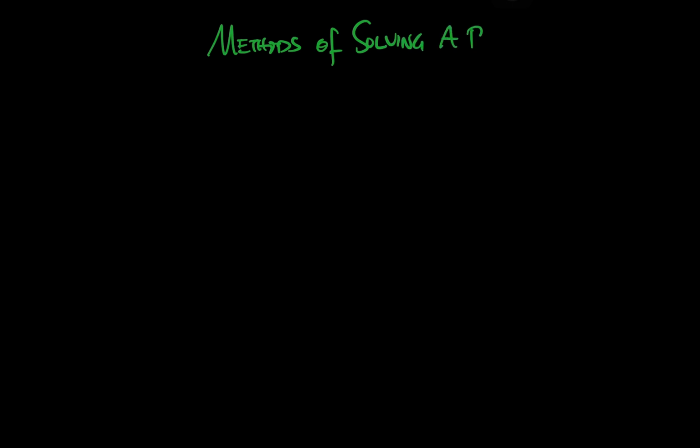So methods, which is the second part of the video: methods of solving a binomial. We said there are so many methods. There are 6 of them. Don't forget that. But we're going to look at the first method, which is known as the Pascal triangle.